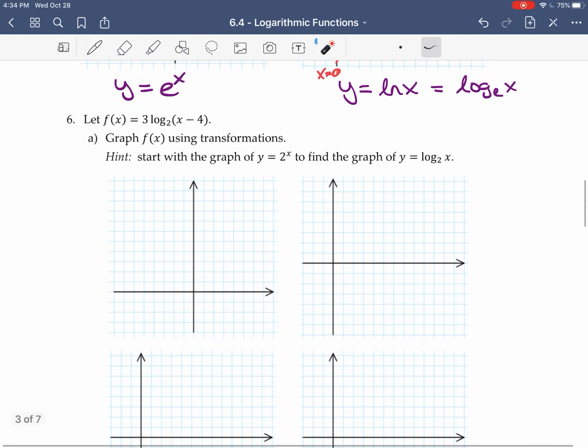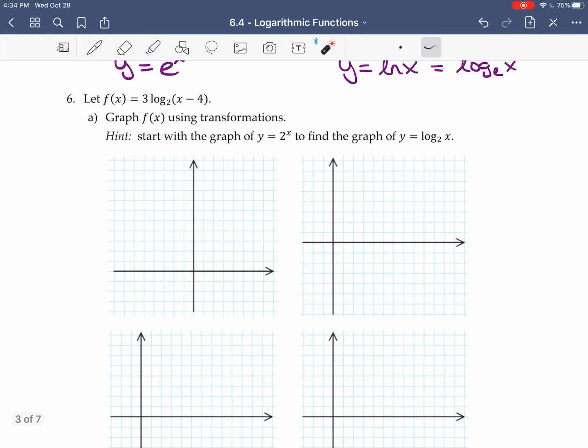So if we want to do a transformation of a log graph, this one they give us a hint because we haven't seen the log base 2 graph yet. So we're going to start with the graph y equals 2 to the x. That graph has a point at 0, 1, a point at 1, 2, a point at 2, 4, at 3, 8, and at negative 1, 1/2.